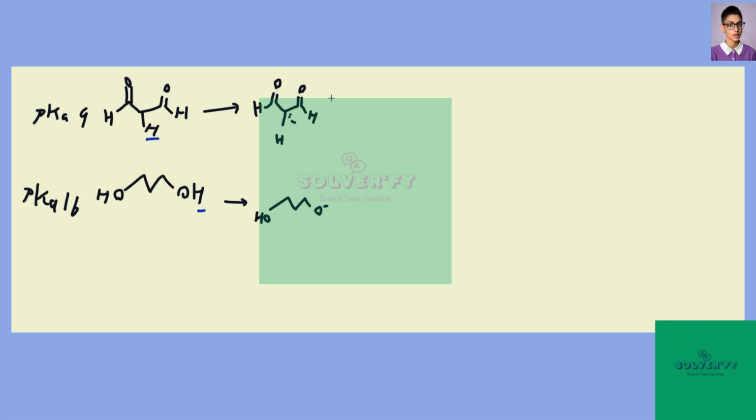Well, for this one, we can have a few resonance structures. We can move these two bonds here to make a new pi bond, making a bond, you make a bond, you break a bond. Alternatively, you can go to the other side, to the other carbonyl group. So in essence, we would have 3 resonance structures.